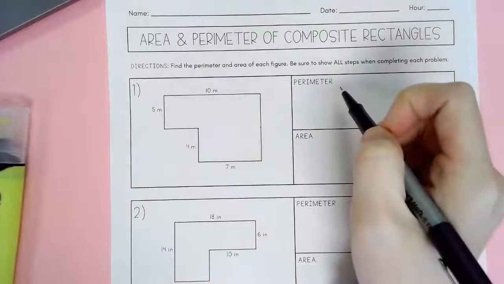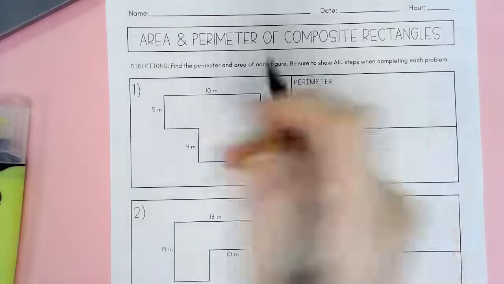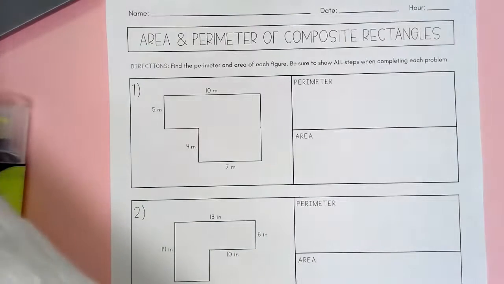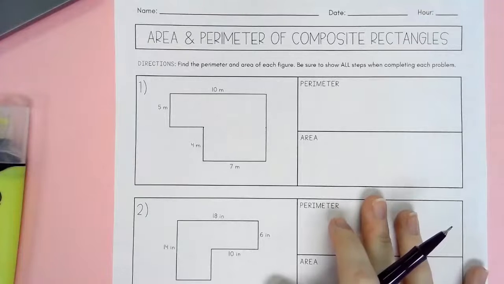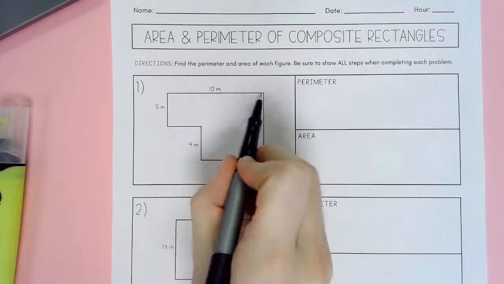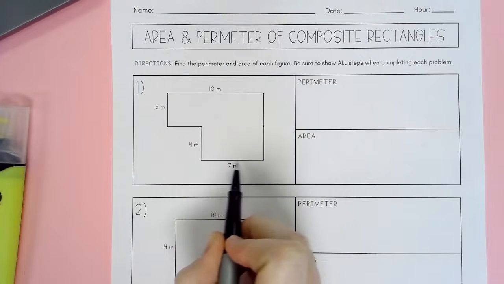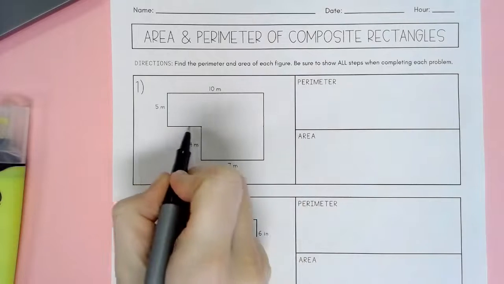So starting with perimeter, there's no perimeter formula for these since we are literally just adding all of the sides together. So we first need to have all of the side lengths figured out. I know this long side here is 10, and I know this side here is 7, but I'm missing this side.